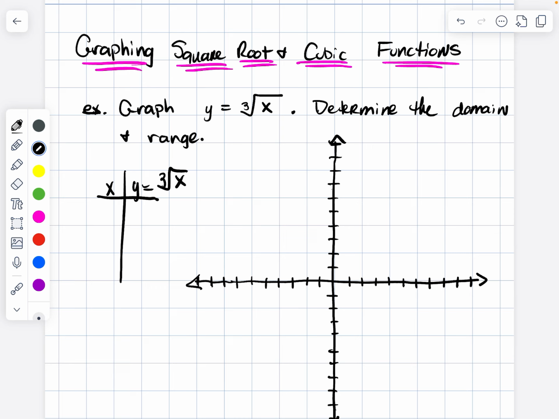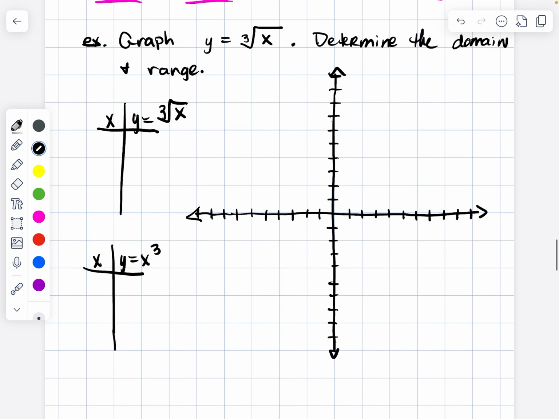I'm going to pull some numbers. When you ask me why I'm pulling these numbers, it really has to do with the fact that I understand cube roots. So if I do y is equal to x cubed, and I just want to pull out some things, let's say I choose -2, -1, 0, 1, 2.